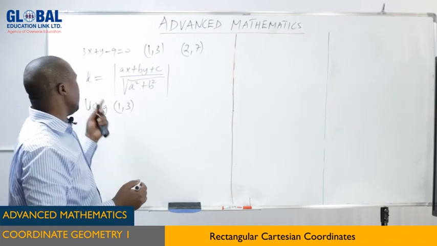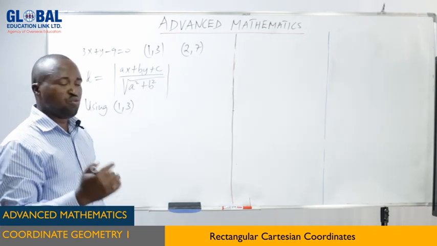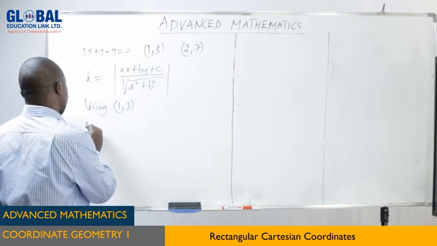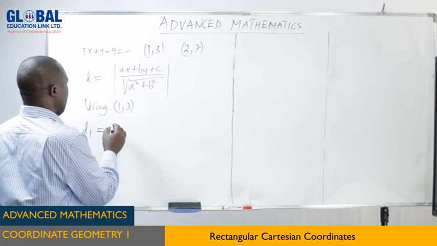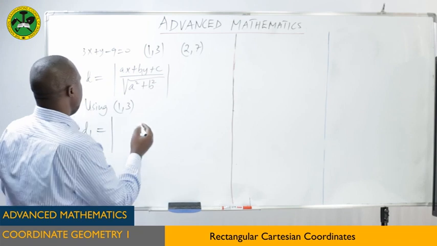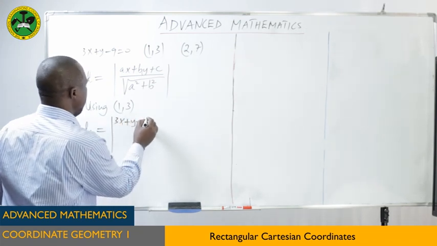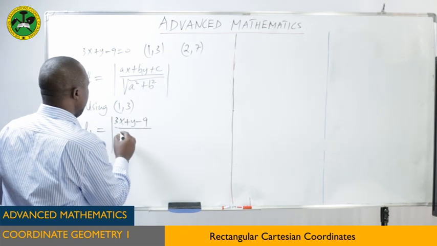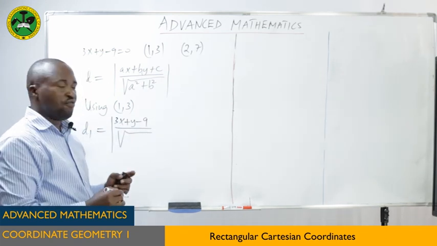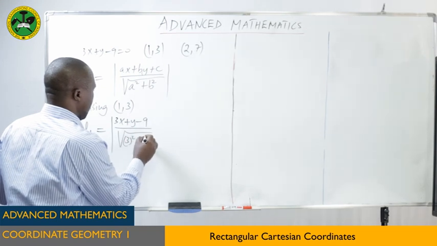And of course here we can use D1 because we are going to have the second coordinate, that will be D2. So say D1 is equal to the absolute of, so our equation is 3x plus y minus 9 over the square root of, of course we have 3 squared plus 1 squared.